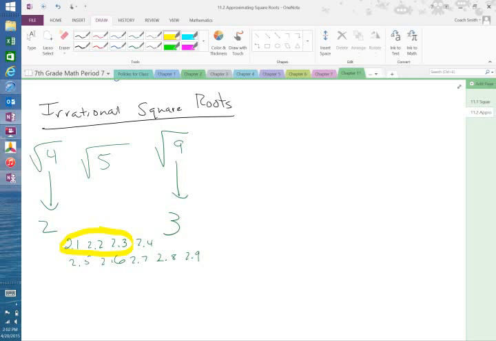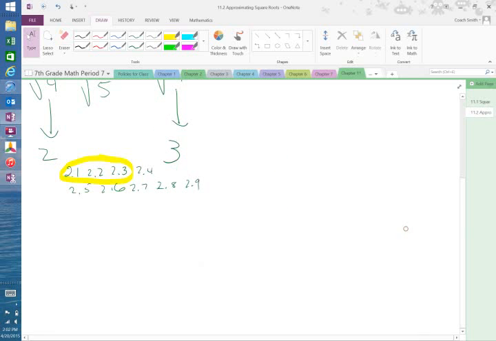So, what we're going to do then is multiply 2.2 times 2.2. I'm going to choose the number that's right in between and see what it equals, okay?